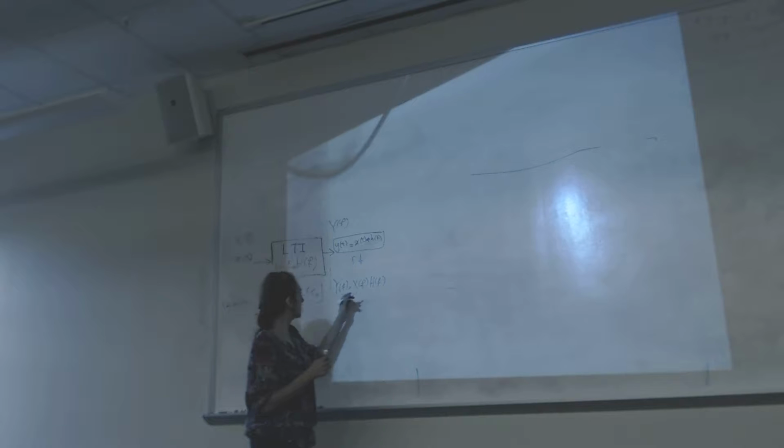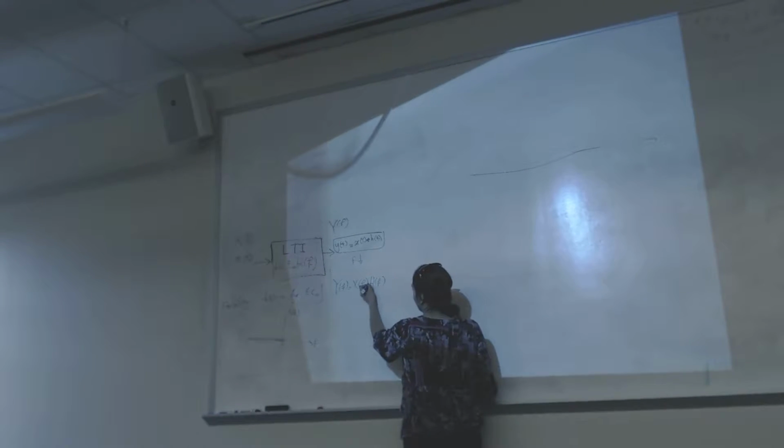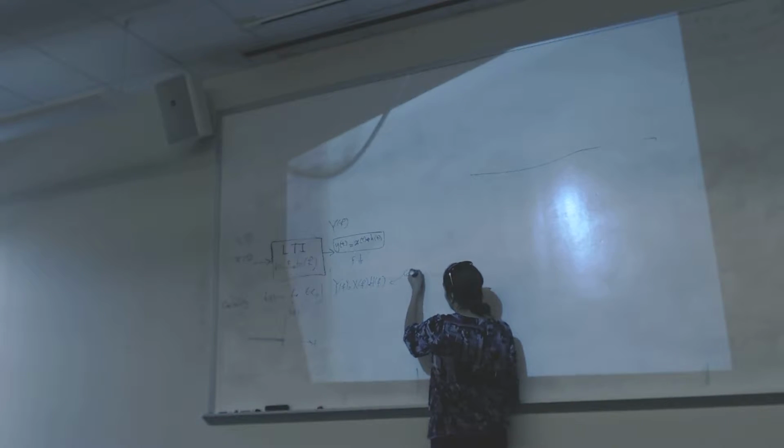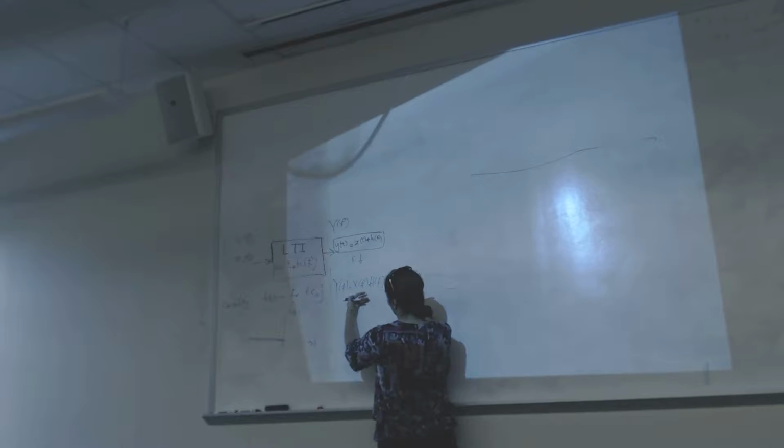So now, given that I have this simple multiplication, what can I say about the magnitude and phase? In general, this is a complex number, so I can divide it into two parts, magnitude and phase. What can I say about the magnitude of this?